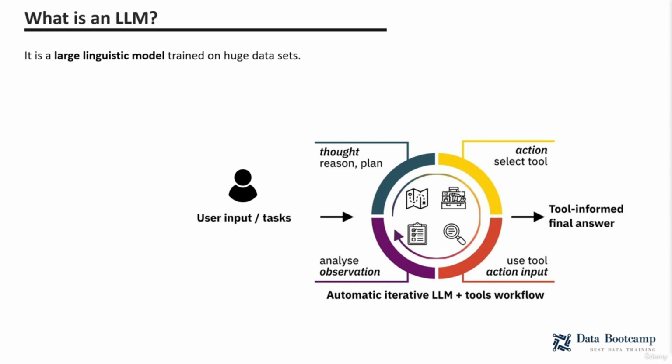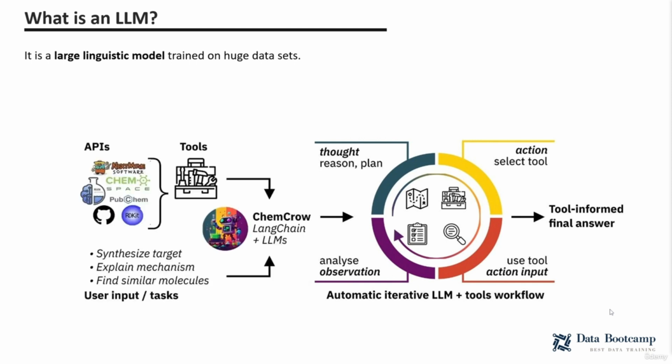Initially, when ChatGPT was launched, the model responded to user questions based on the prompts provided. However, thanks to the development of additional libraries and tools like LangChain, these models have evolved and acquired additional capabilities.